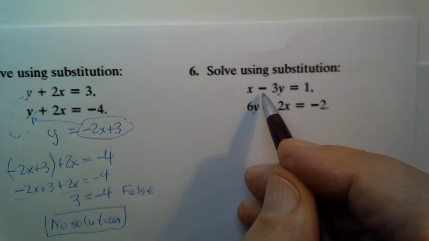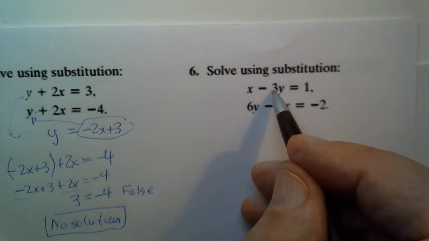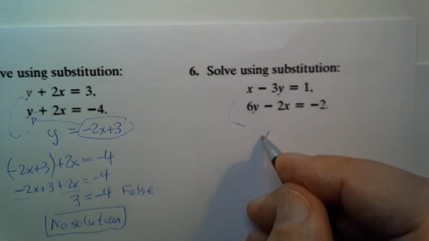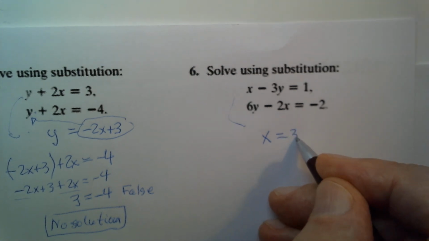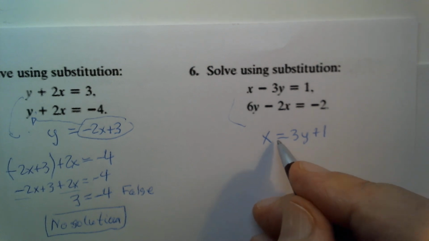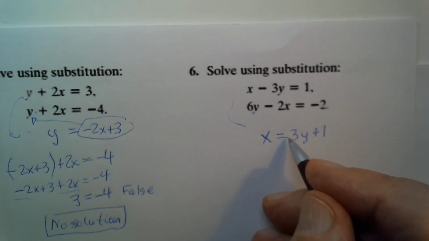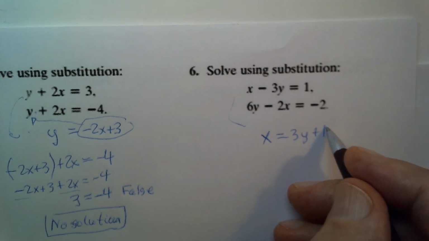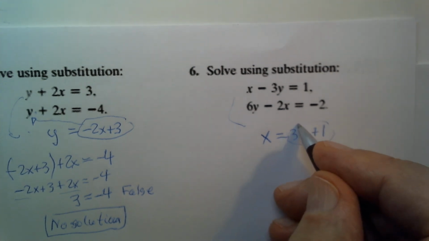And let's say we add 3y onto both sides in the second equation. So then x equals 3y plus 1. Okay? And so we can substitute this value for x into the second equation.